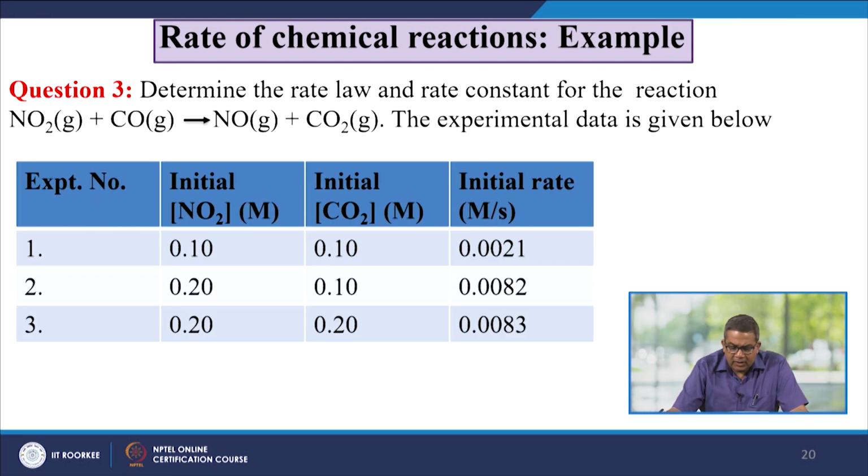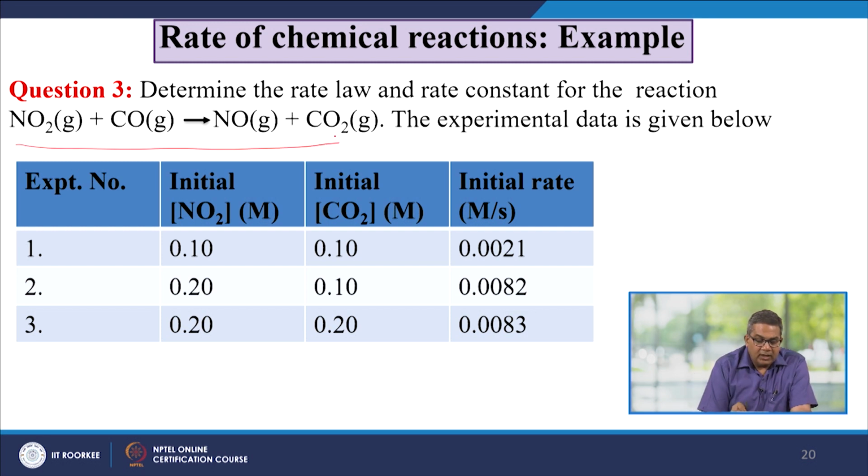Let us take up another question. Now here you need to determine the rate law and the rate constant for the reaction, which is given as NO2 plus CO, both in the gaseous form, giving NO plus CO2. The experimental data supplied to you gives the initial NO2 concentration, initial CO concentration and initial rate.